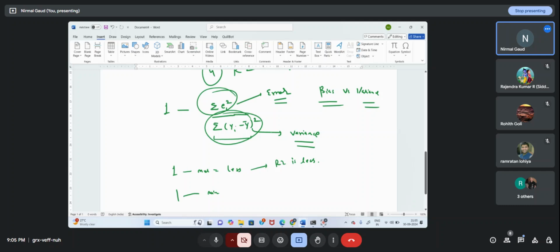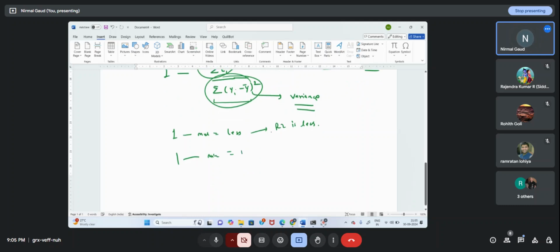So 1 minus minimum is more, like 0.8, 0.9, something like that. So here R2 is more. But we do not have to make the variance very high. That is okay, because we have already studied here.